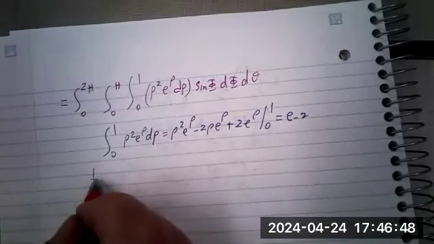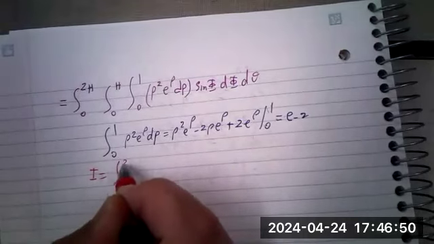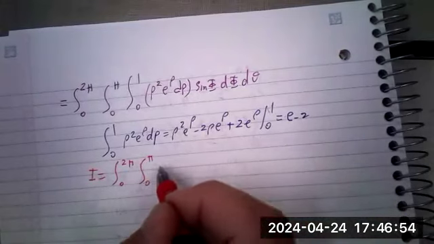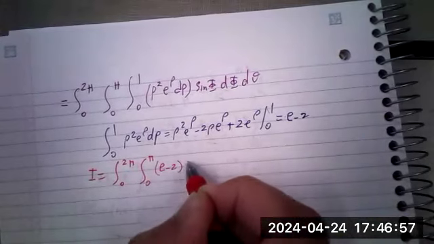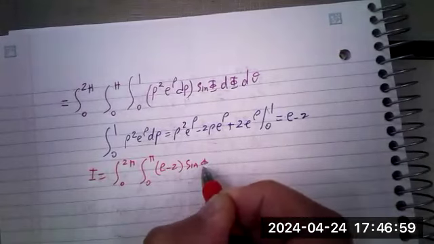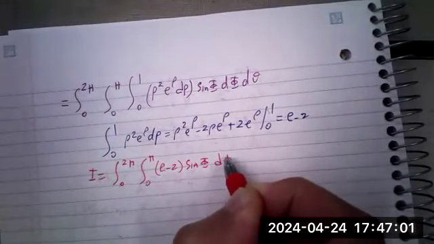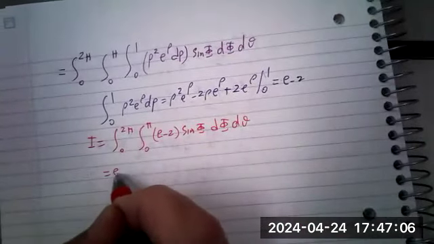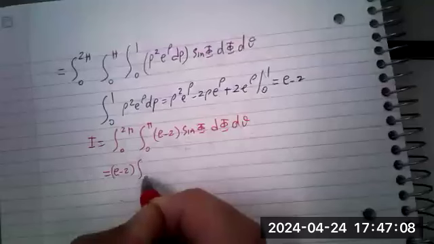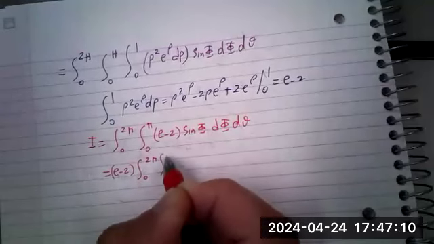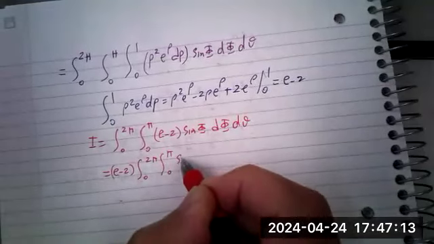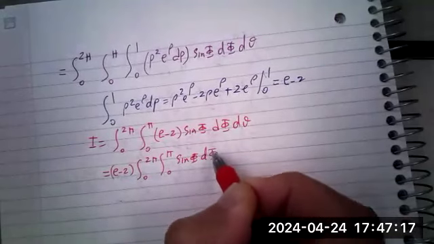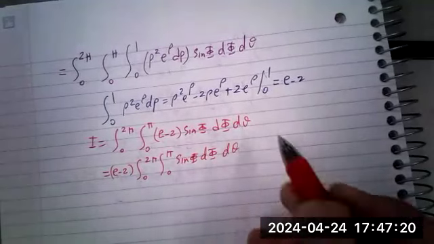So the result is going to be, you integrate 0 to 2 pi, 0 to pi, just this number, e minus 2, sine of phi d phi d theta. e minus 2 is the number, take it out, and then integrate 0 to 2 pi, 0 to pi, sine of phi d phi first, and when you're done, you go with d theta.